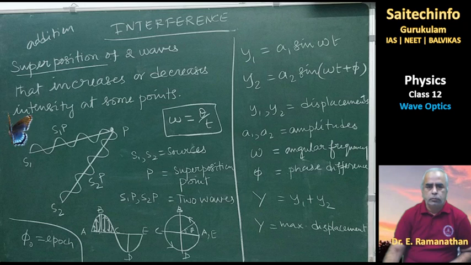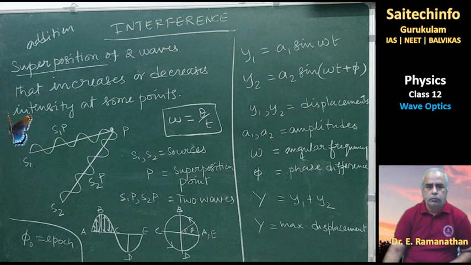They meet at a certain point P, where you may either get a positive interference, that is constructive interference that results in a bright spot, or negative interference that is called destructive interference, and that will result in a dark spot. That depends on the phase change.